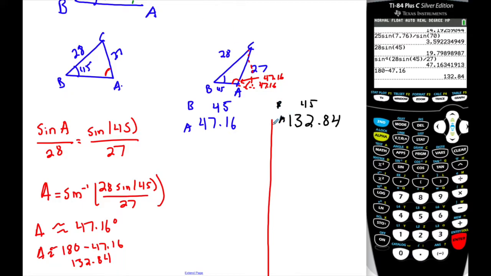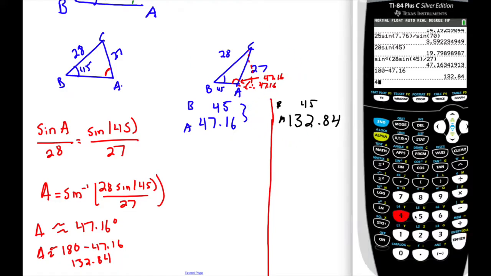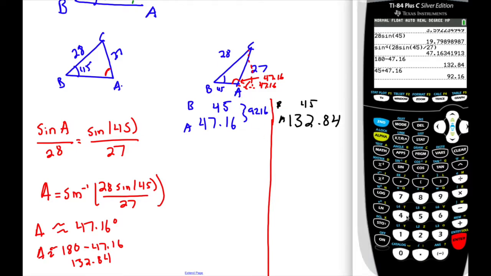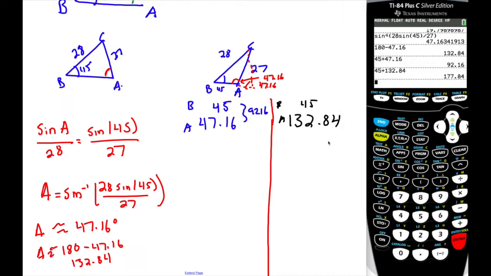Okay? Now I need to find C. So in this case, I know that they add up to 45 plus 47.16. So they add up to 92.16. 45 plus, okay, these add up to 177.84.